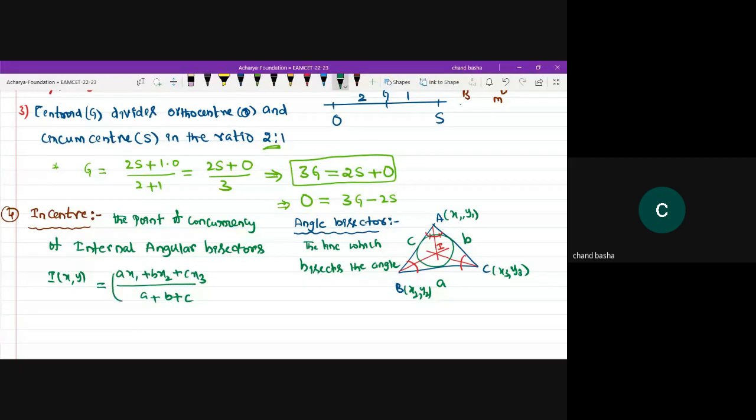Similarly for the y coordinate also: (a y1 plus b y2 plus c y3) divided by (a plus b plus c).